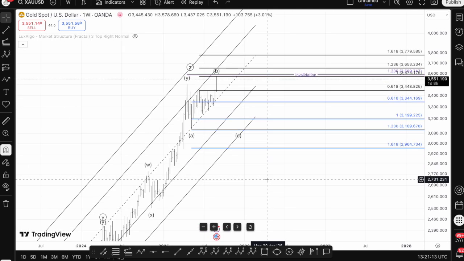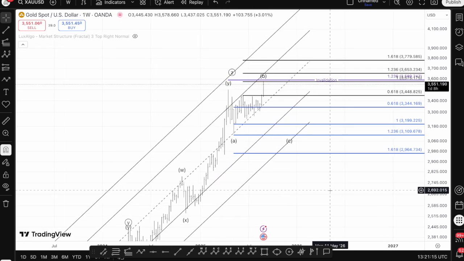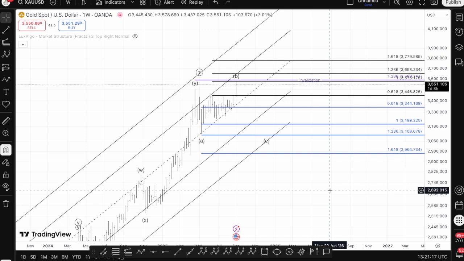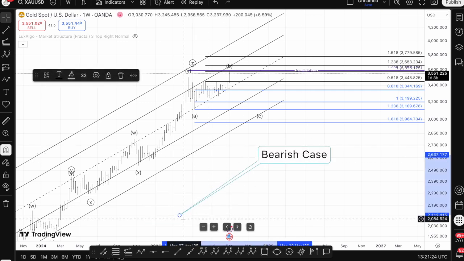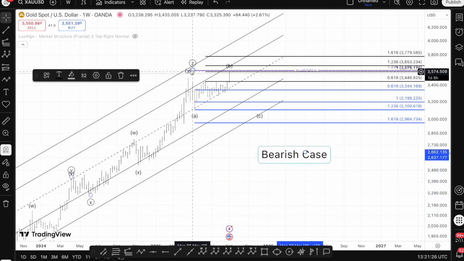So we have actually two potential scenarios for the midterm on gold ounce, and this is it. This is the bearish one, which claims that the price could be heading for lower lows because the leg Z has been actually over here, and we are doing an ABC, let's say expanded flat, or a running flat, doesn't matter, could be finished on these levels right here.